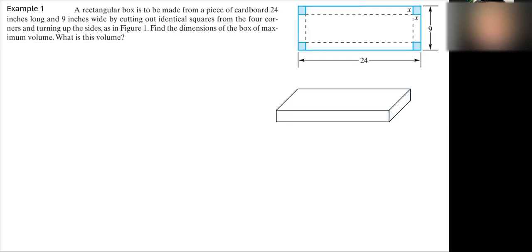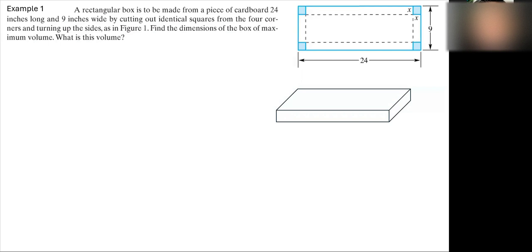We have a rectangular box to be made from a piece of cardboard 24 inches long and 9 inches wide by cutting out identical squares from the four corners and turning up the sides as in figure 1. Find the dimensions of the box of maximum volume. What is this volume?